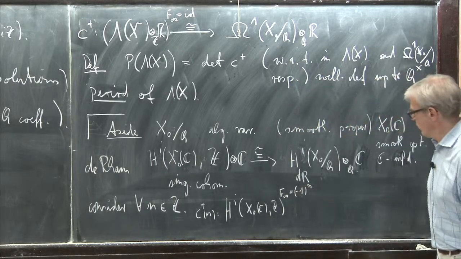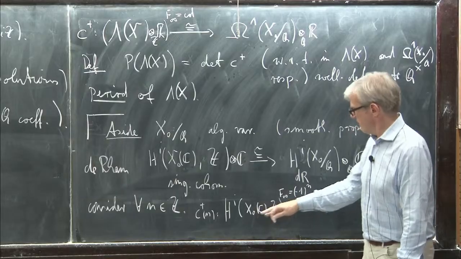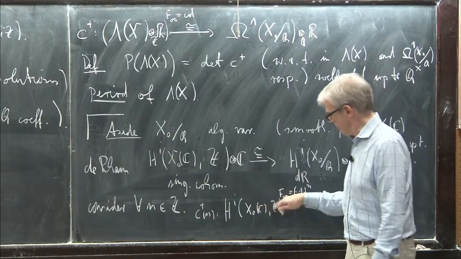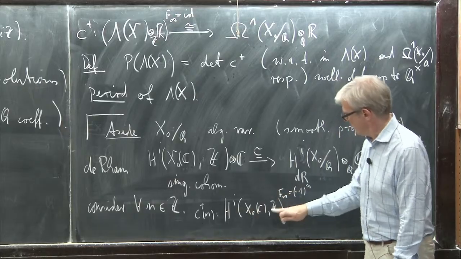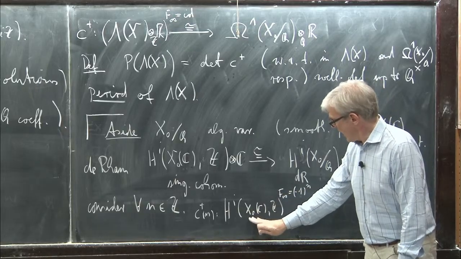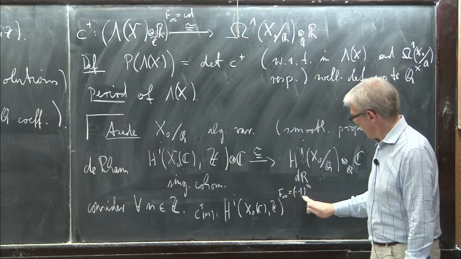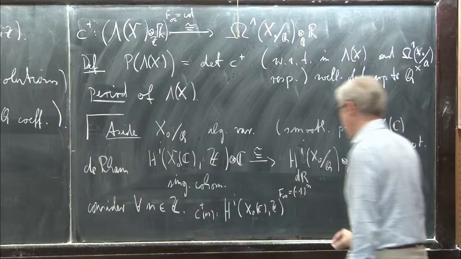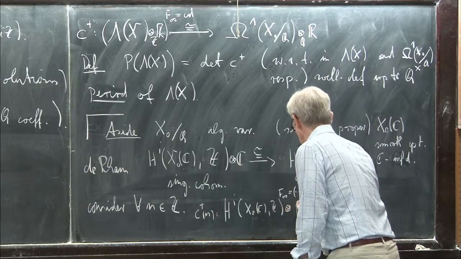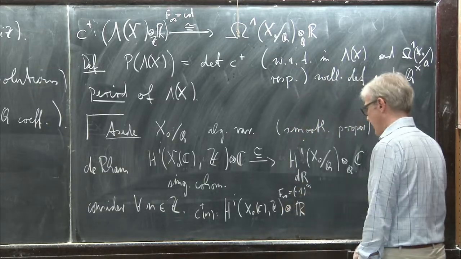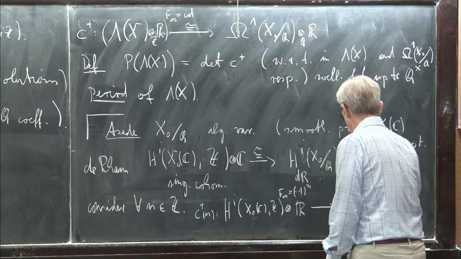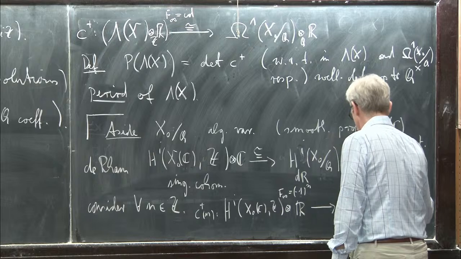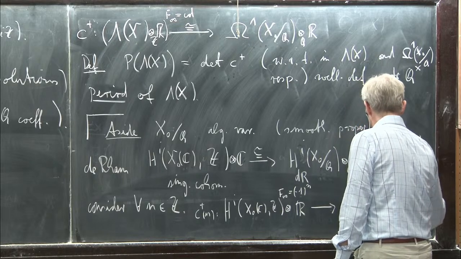It decomposes into two eigenspaces, if I take real coefficients, but never mind. On one space it acts by +1, and on the other by -1. I take this eigenspace and consider it as a real vector space, and then I have a map to the algebraic forms.